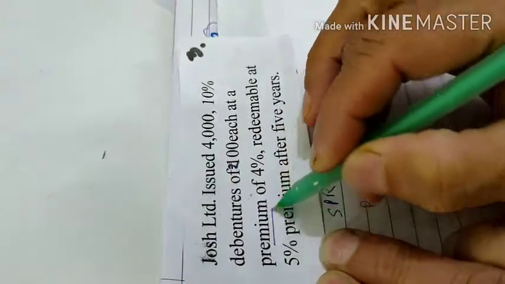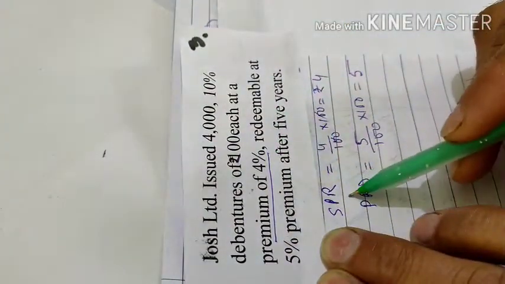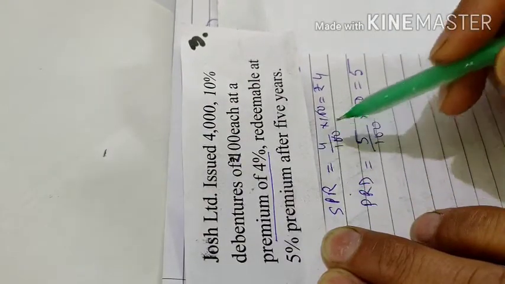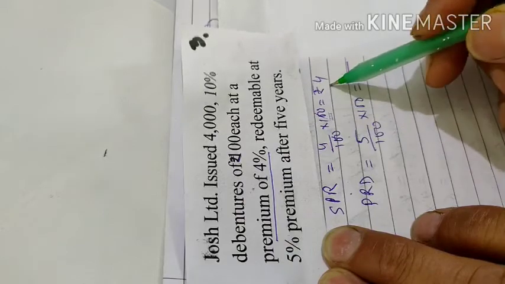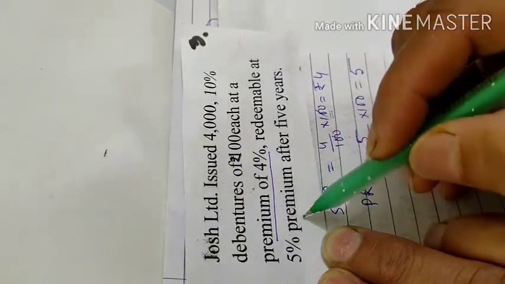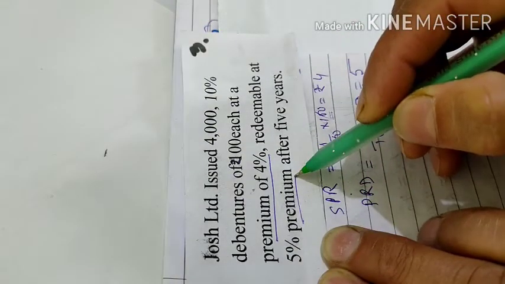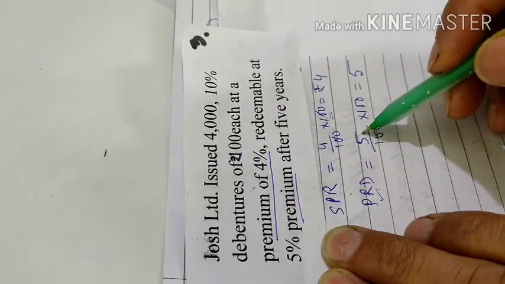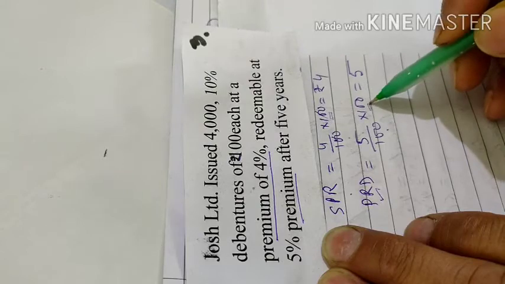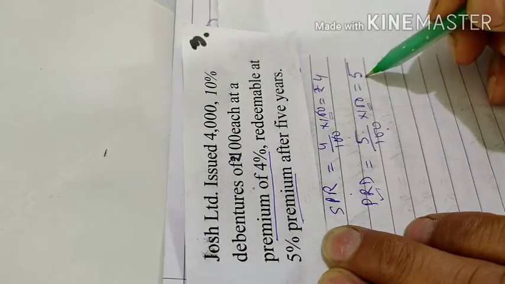So this is your SPR. SPR is 4%, so it is 4 by 100 into 100. That is, this 100 is the face value, which gives you 4 rupees. Another premium, this premium is with the redemption, and this is called PRD. It is 5%, so 5 by 100 into the face value, so this becomes 5 rupees.